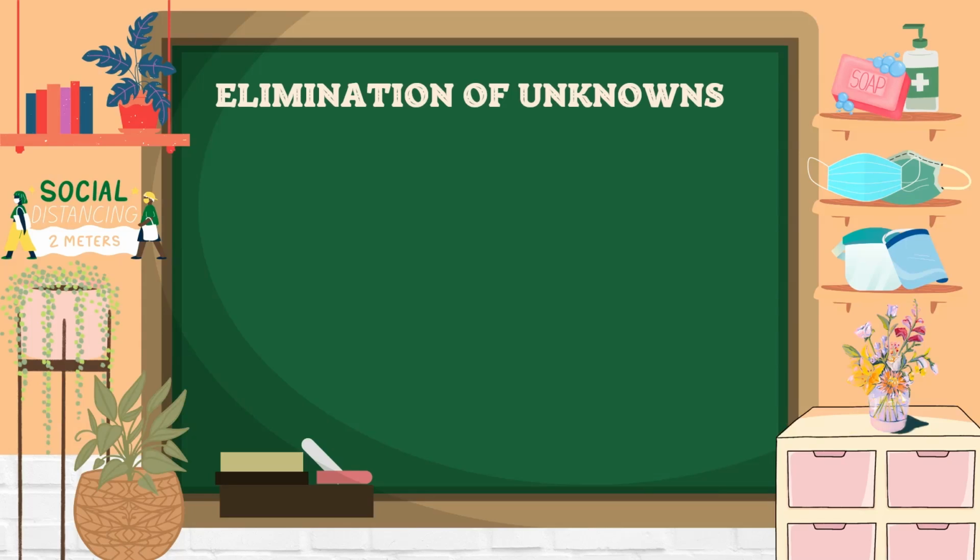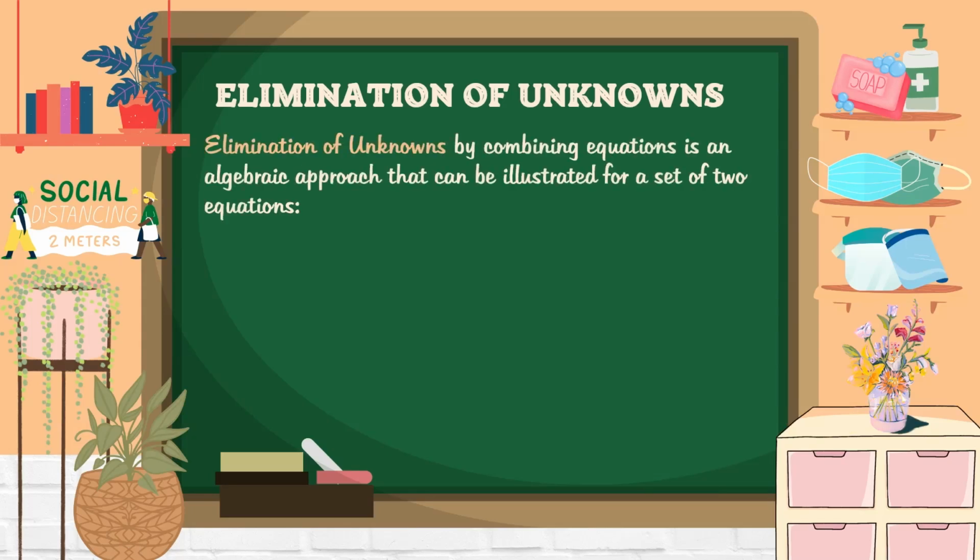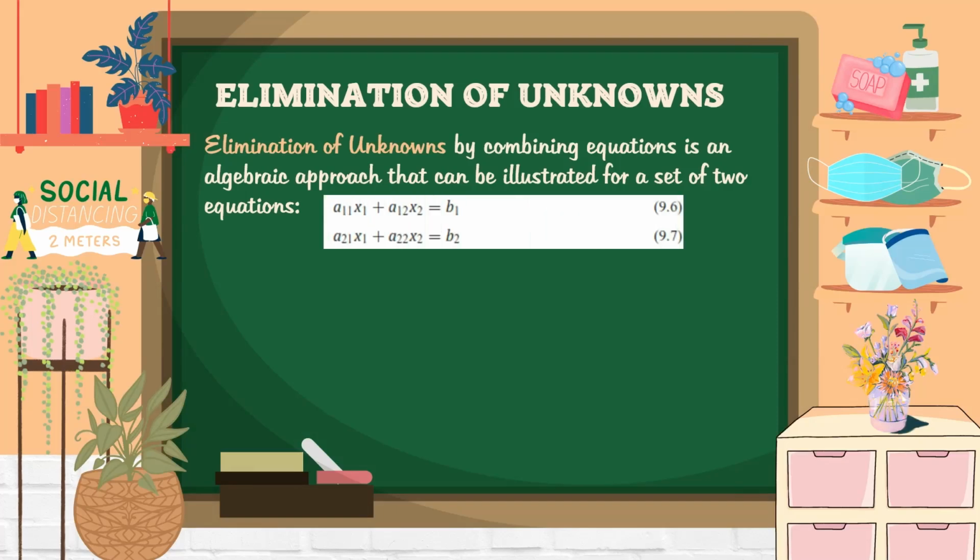For the elimination of unknowns, elimination of unknowns by combining equations is an algebraic approach and can be illustrated for a set of two equations. It is represented the same as our linear equations.